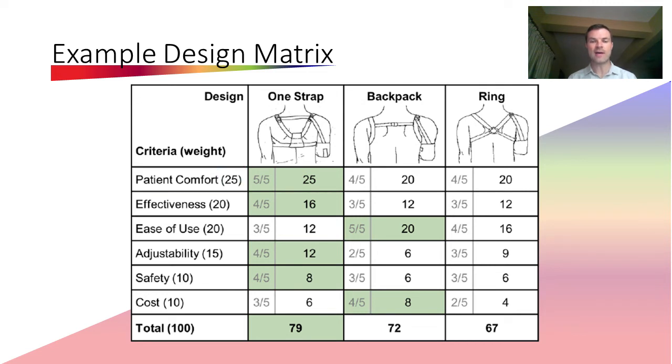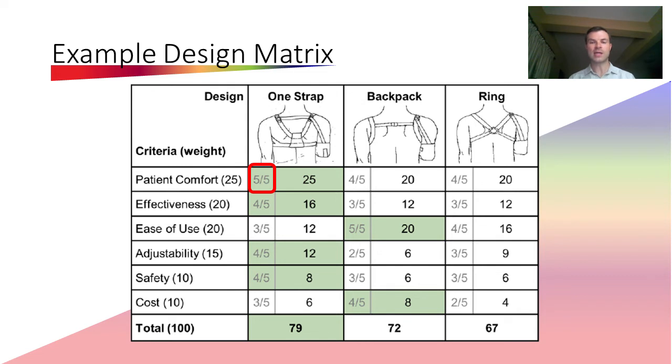And once they have identified the 6 most important criteria, then they look at each design option individually and score it out of 5 on how well it meets the patient's comfort, for example. So the one strap solution scored 5 out of 5. According to the design team and their assessment, they believe that this solution option receives full marks for patient comfort.